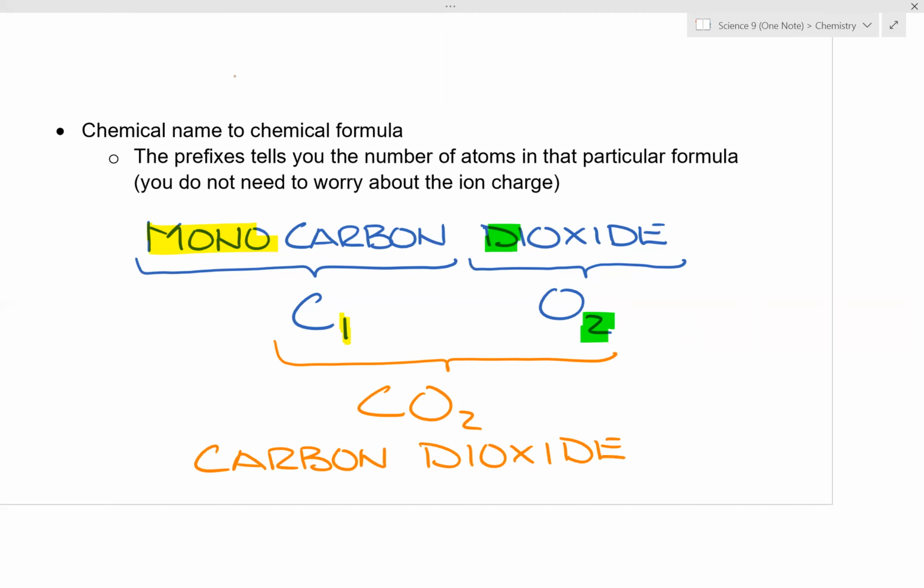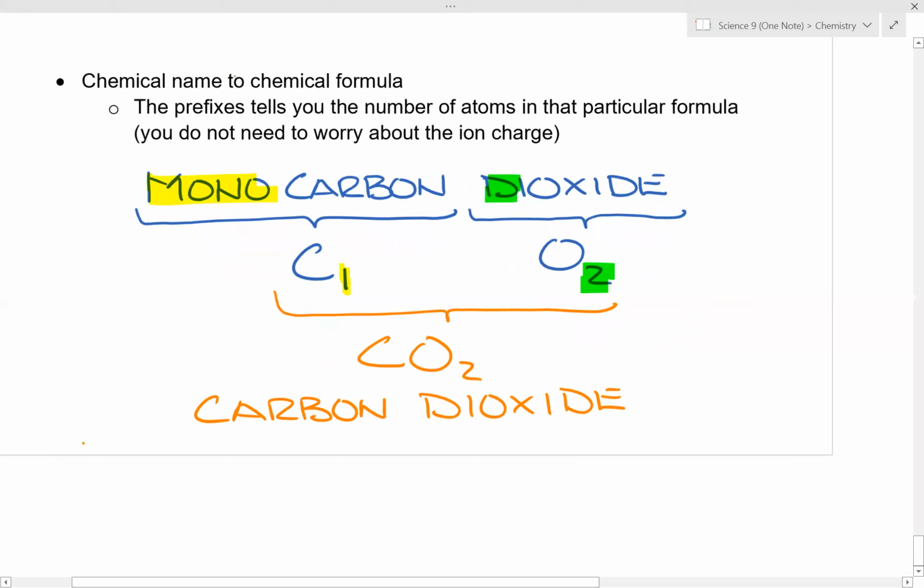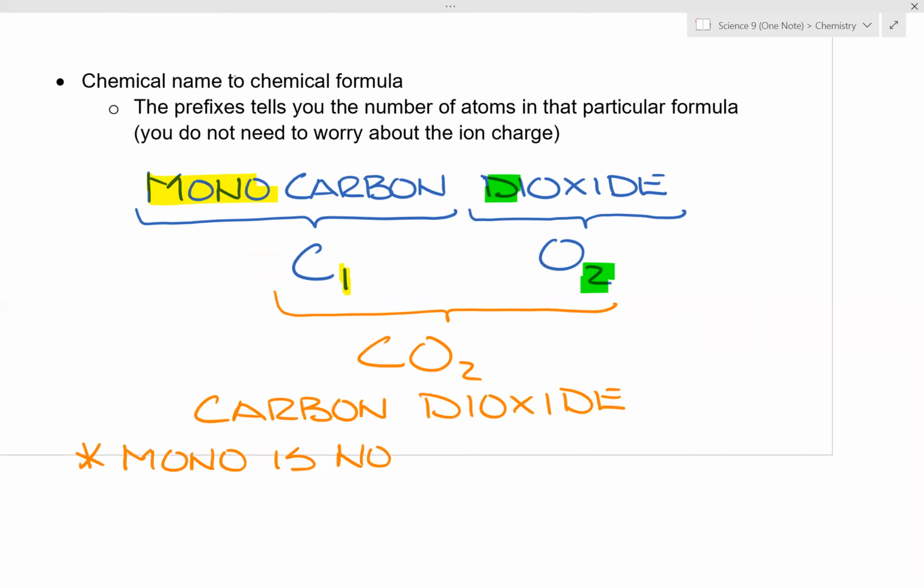Now, sometimes the mono is not written for the first element.